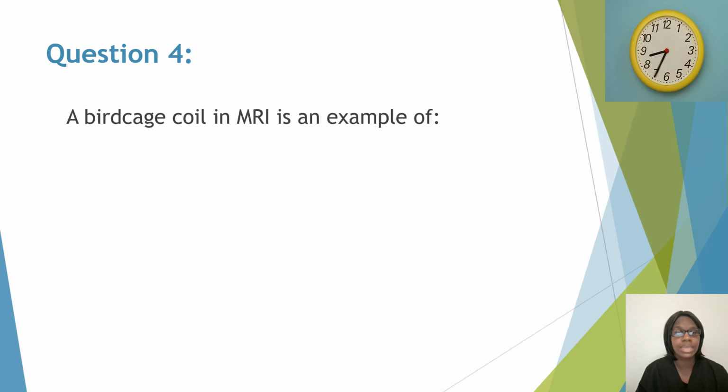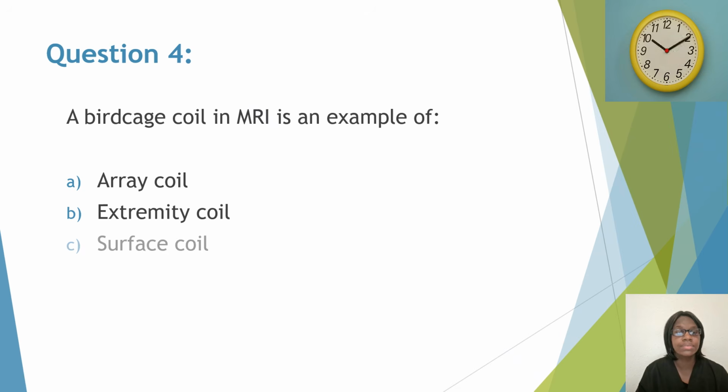Question 4. A birdcage coil in MRI is an example of A, array coil, B, extremity coil, C, surface coil, D, volume coil.